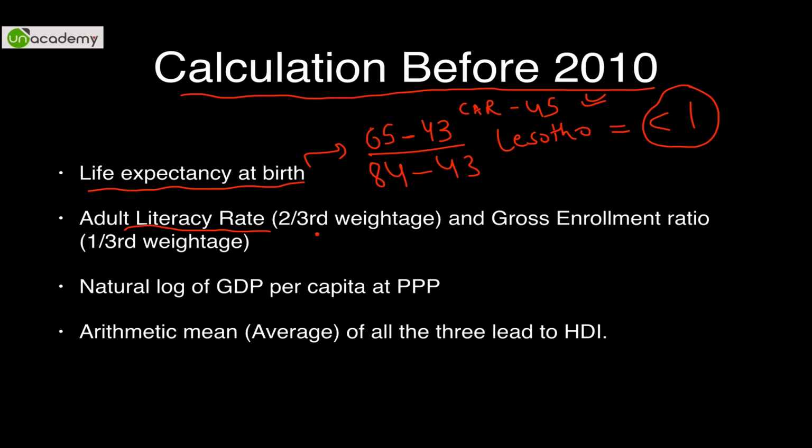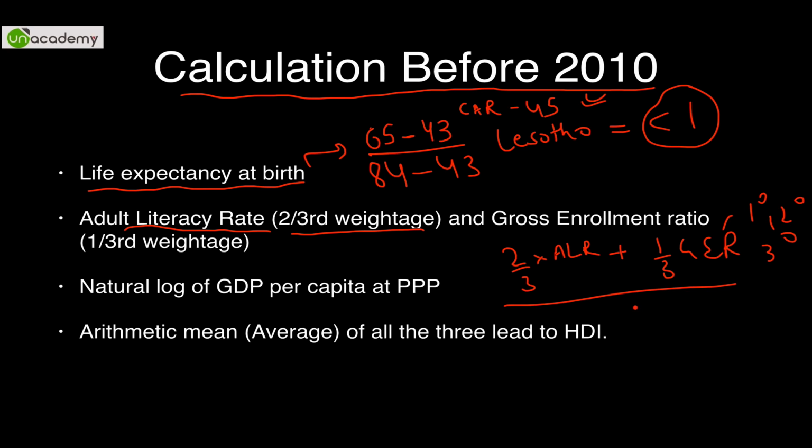Adult literacy rate was given 2/3 weightage. So 2/3 into adult literacy rate plus 1/3 into gross enrollment ratio of primary, secondary as well as tertiary sector divided by 3, something like that. So you know how it works, right? This was called the life index plus the education index plus the GDP's natural log, that is LN per capita, but this is GDP.